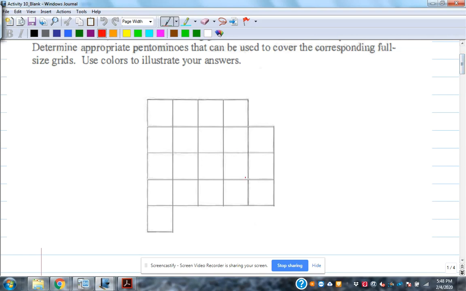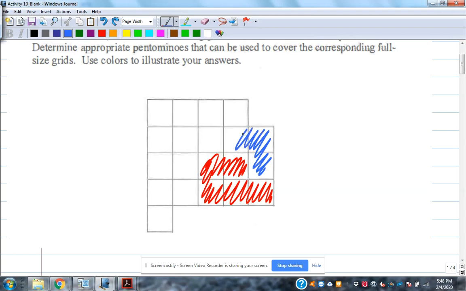The one I used the P. The W. I'm going to use a different color for the W. So there's that W shape. Or maybe if I trace these out, that helps. You see it. And then the P is right here.